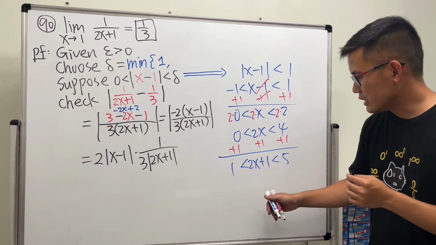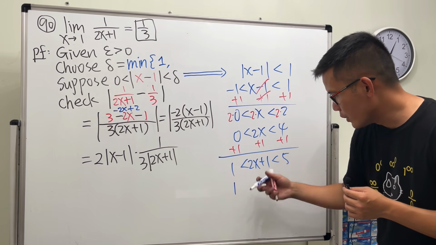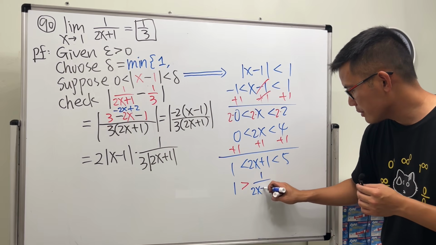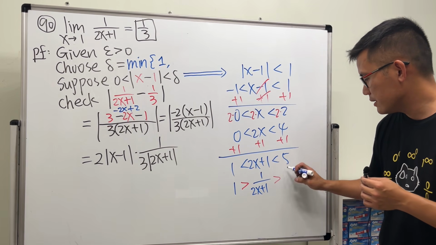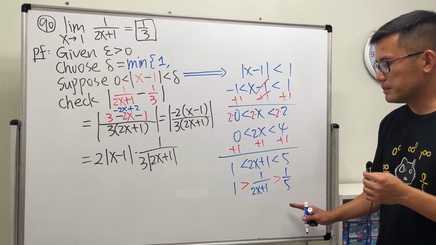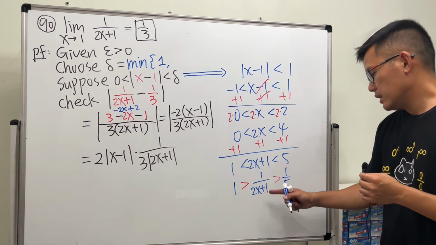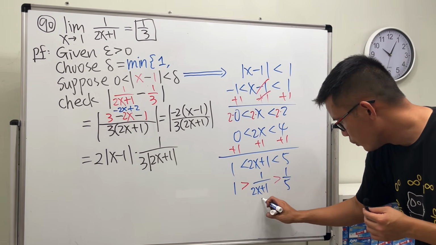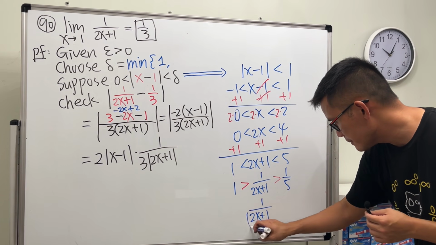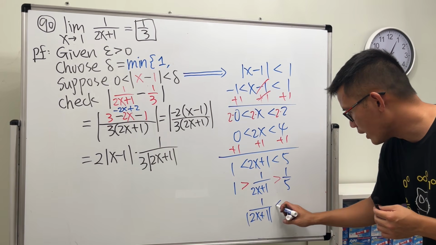So this is going to be 1 over 1, which is 1, and 1 over 2x plus 1, and then flip, and also reciprocal that. Which one has a bigger absolute value? This does. So this means 1 over 2x plus 1 in the absolute value is less than 1.